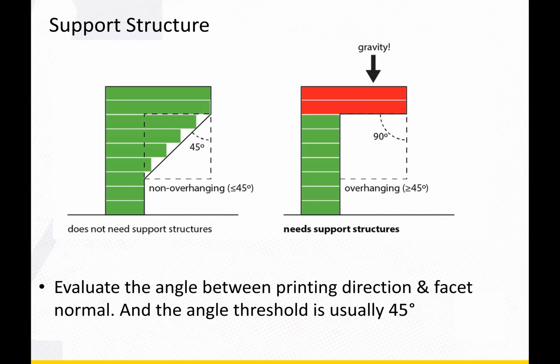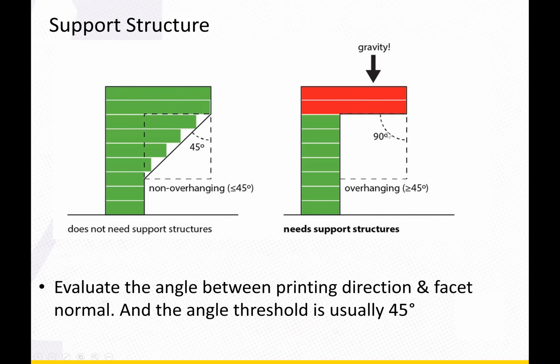Okay, let's talk about the support material. A typical way to identify whether a feature is overhanging or non-overhanging is to consider the angle over here. If it is bigger than 45 degrees, probably you need to put the support material.